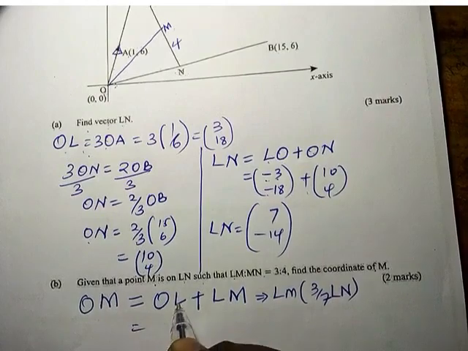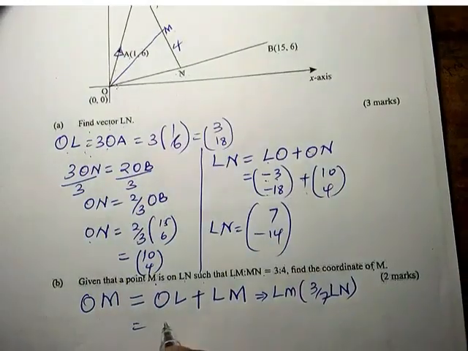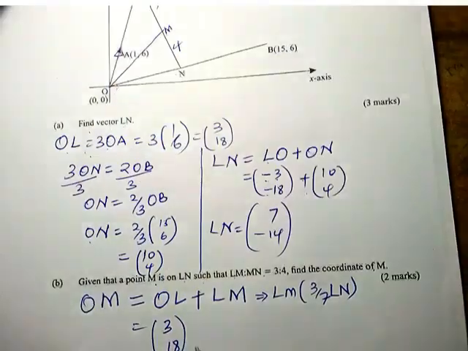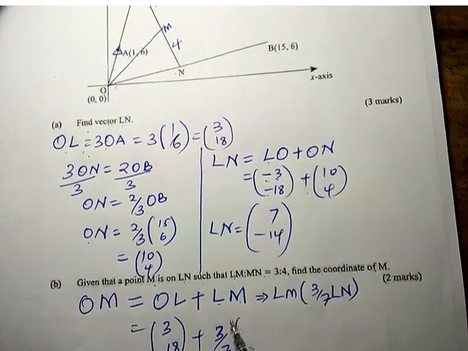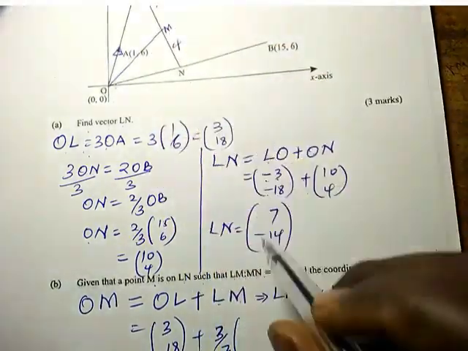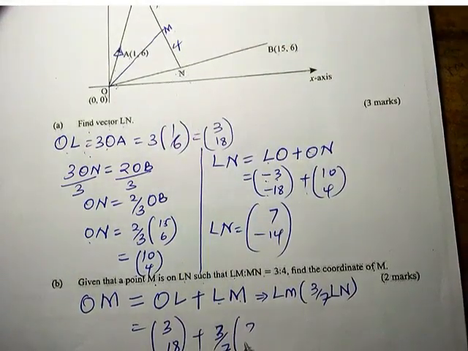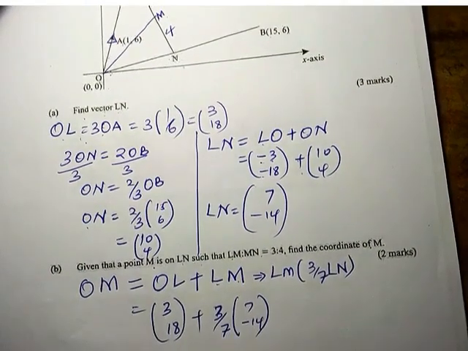So we are going to have OL, which is (3, 18), plus 3 over 7 into LN, and we know LN is (7, -14). So this one is going to be (3, 18) plus (3, -6).